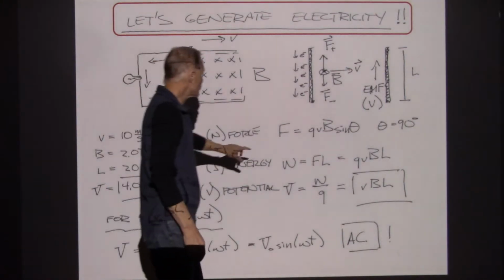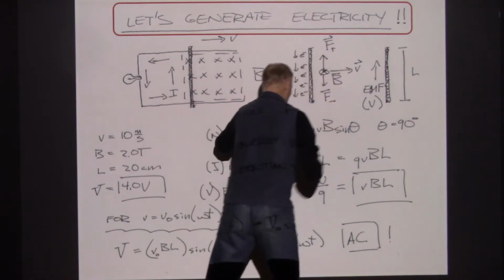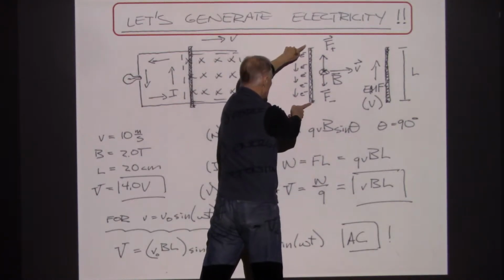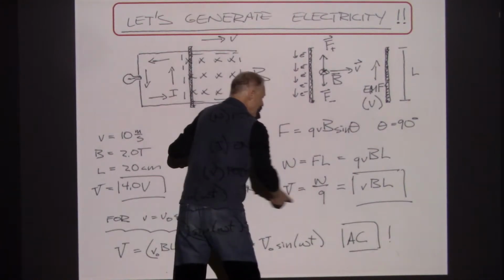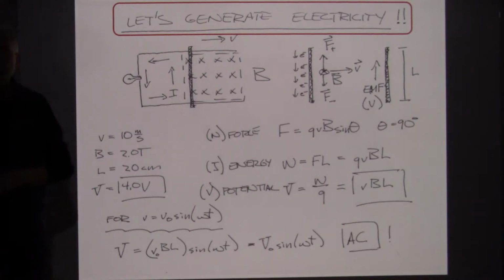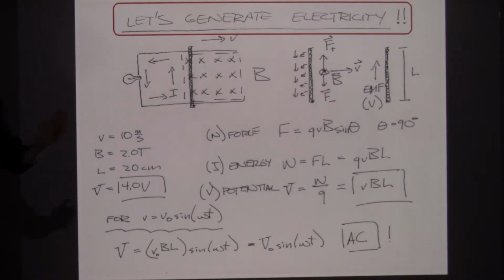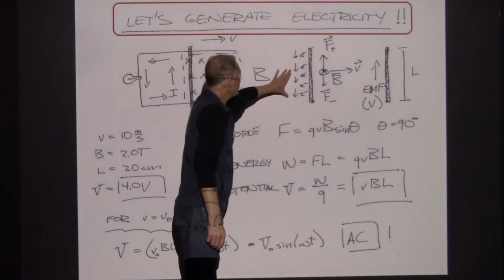So each charge is given this much energy along the length, and the potential between here and here would be equal to the energy divided by Q. It says that the voltage that we get, the electric potential, is going to be given by V times B times L. That's it. There's our electric generator. We just have to move this conductor through and we'll set up this voltage.